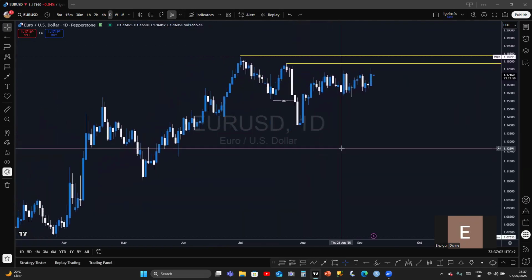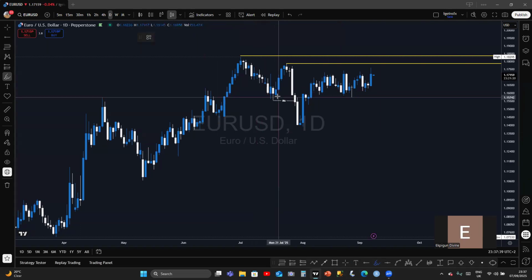Once a resistance is broken, yes, you must have that in your mind as you keep your eyes on the structure, as price is printing and creating structure. Once you see that kind of irregularity, a bullish trend, price has no business breaking a support level. A bearish trend, price has no business breaking a resistance level. Once you see any violation like this, this is what we call a violation of order flow.